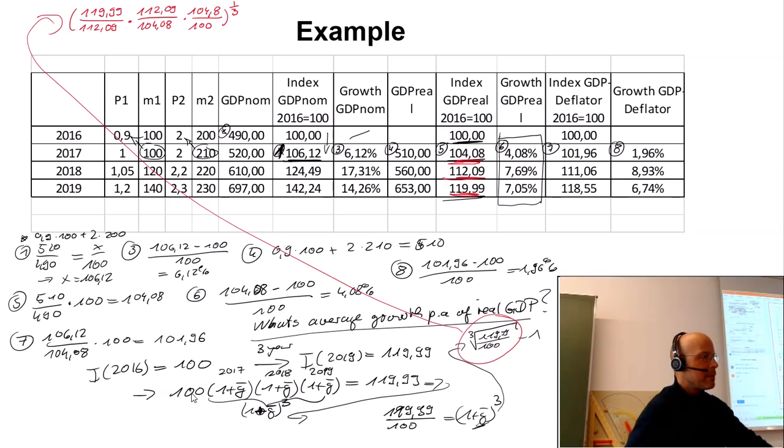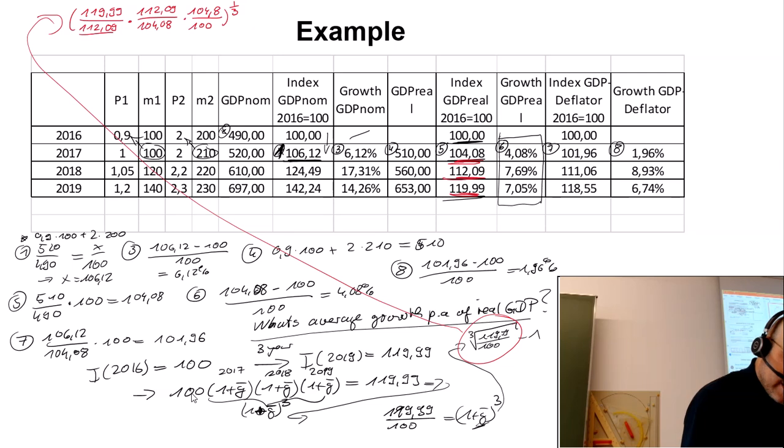Power of 1/3 is the same as taking the third root. I hope that you know this, yeah? So, why did I write this down here? Well, this and this cancels. This and this cancels, so we end up just with 119.99 over 100. So this is just the same as what we have written down here on the right side.